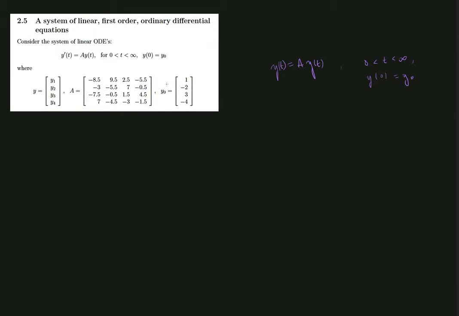What we mean by this is that, oh, forgot a prime here, that actually we have 4 equations that govern our system.